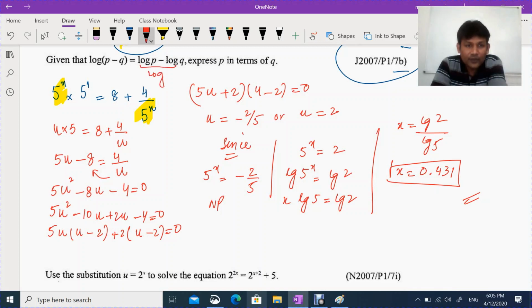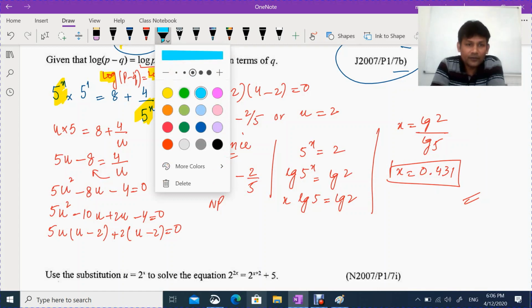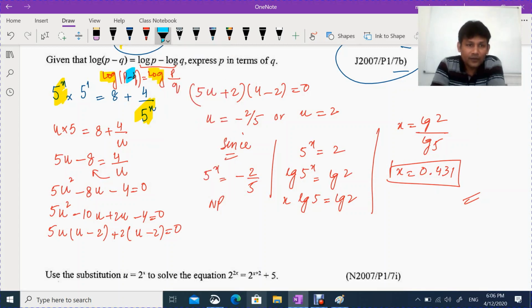Log minus means p upon q. Now on the left hand side you have log of p minus q. It means this and this are both logs, so we can compare which part? We can compare this and this.